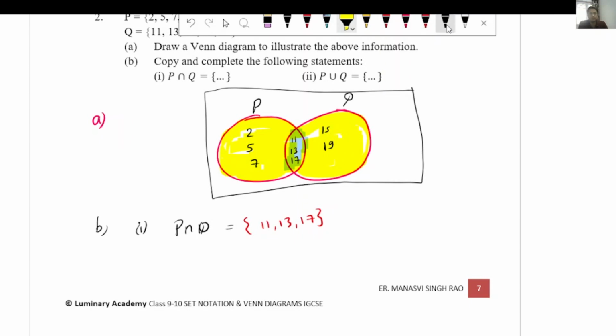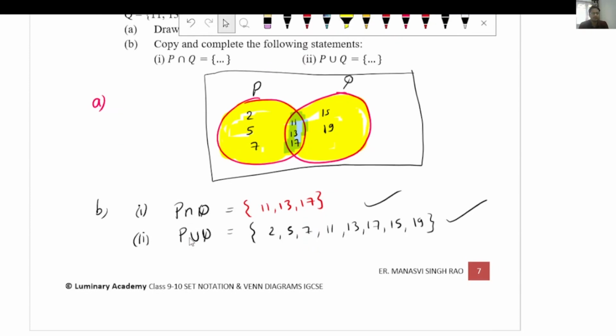So here you need to write like this, that in the second part P union Q will include 2, 5, 7. Now remember, do not repeat these numbers again, only once you can write. So 11, 13, 17, 15 and 19. So this is your answer for the second question, B part, right?